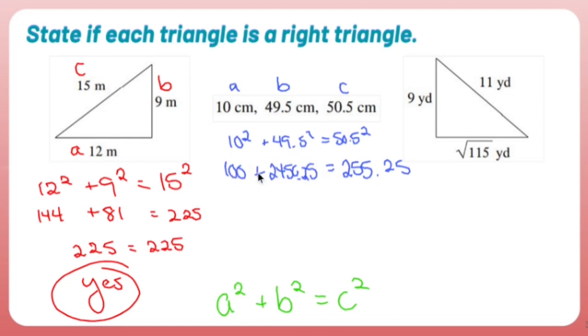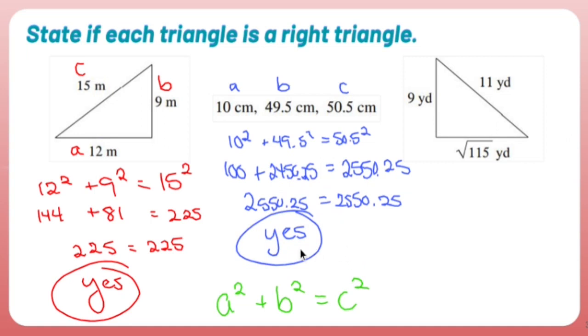So, 100 plus 2,450 is 2,550.25. Since both of them equal each other, even though I had a little writing error here, I fixed it, and yes, it does work out. Not as pleasant, but I did the math in my head.